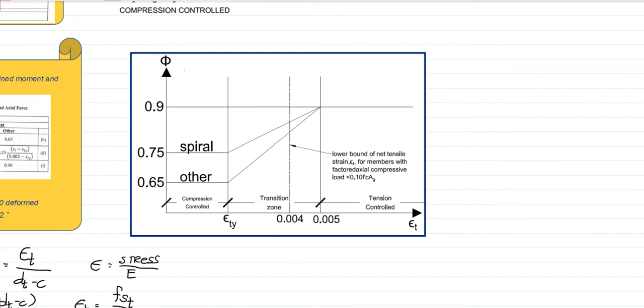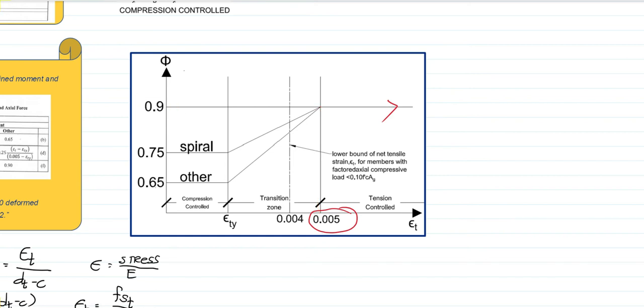And as you can see, meron ka ditong line na part na paakyat papunta ng 0.9. And at exactly 0.9, ang strain mo daw dapat is 0.005. And kung mas greater pa yung net tensile strain na makukuha mo sa 0.005, so ibig sabihin 0.9 pa rin yung gagamitin mong reduction factor.